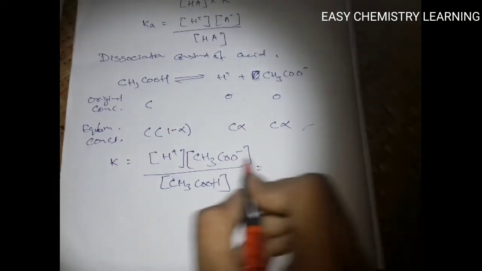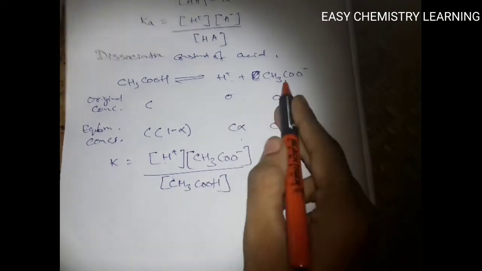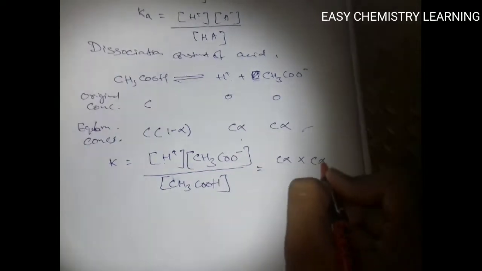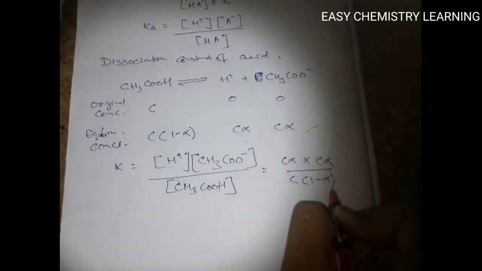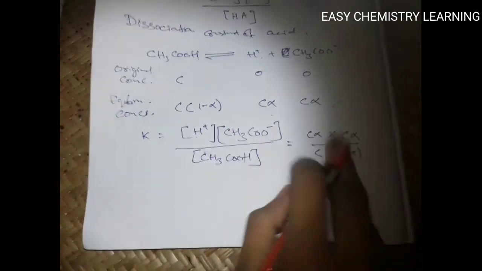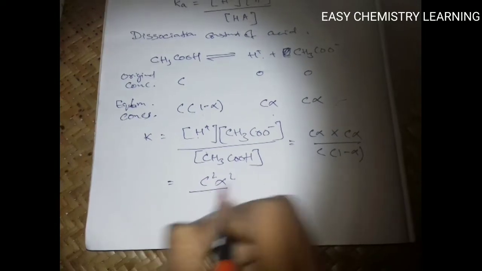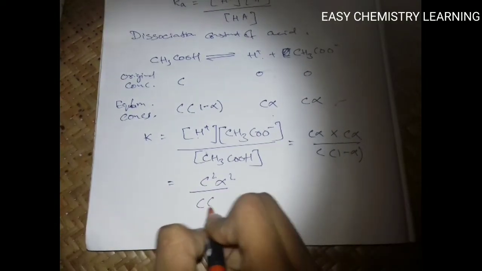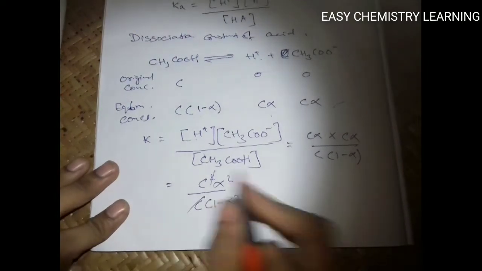[H+] is C alpha, CH3COO- is C alpha, divided by C(1 minus alpha). So it will be C squared alpha squared divided by C(1 minus alpha). Now it will cancel one C.